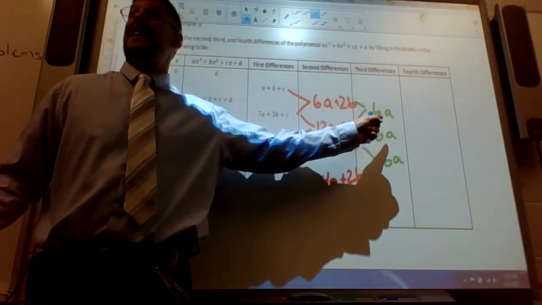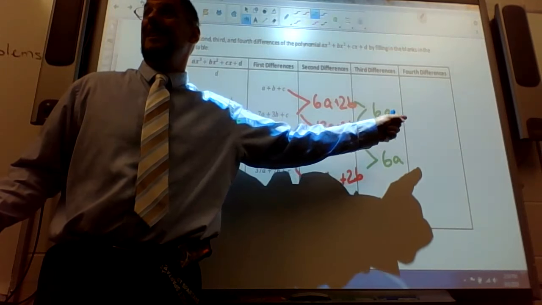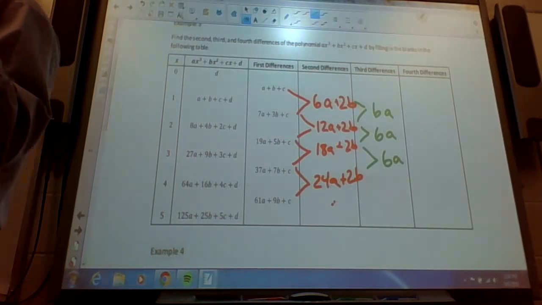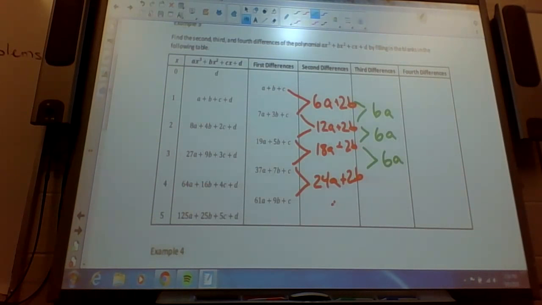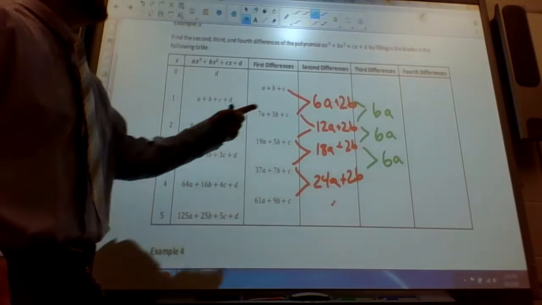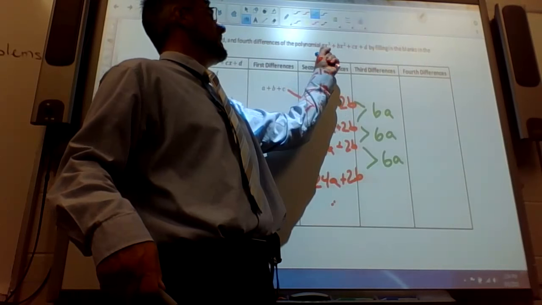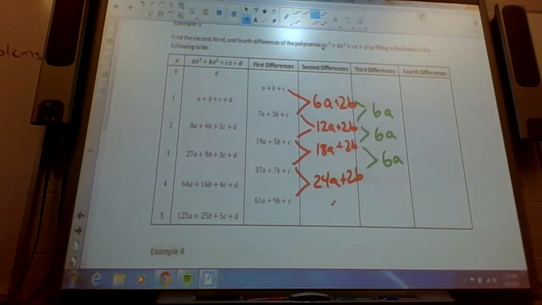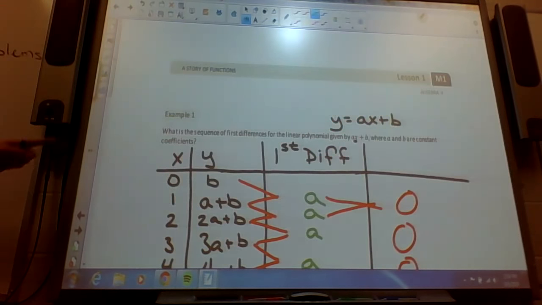Not 4, but 6 times 4. So 24, right? My third difference is always going to be 6 times whatever this coefficient is.